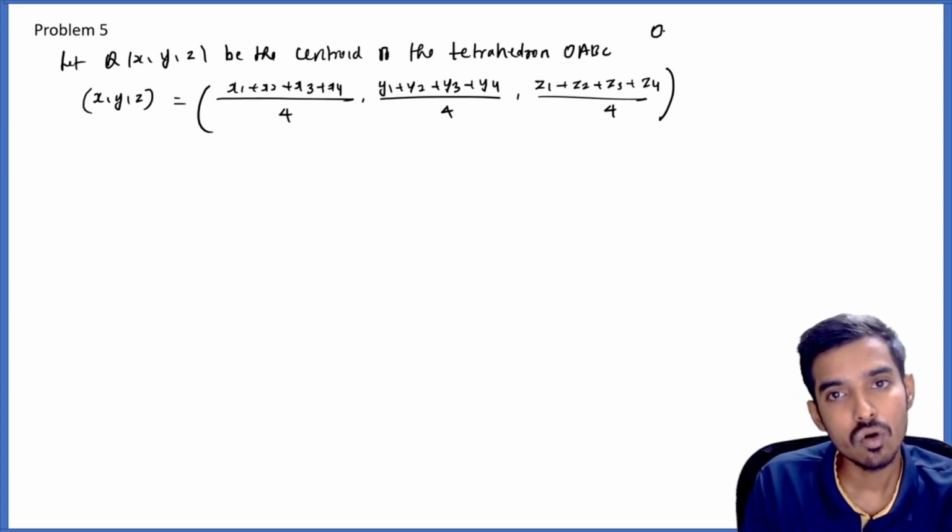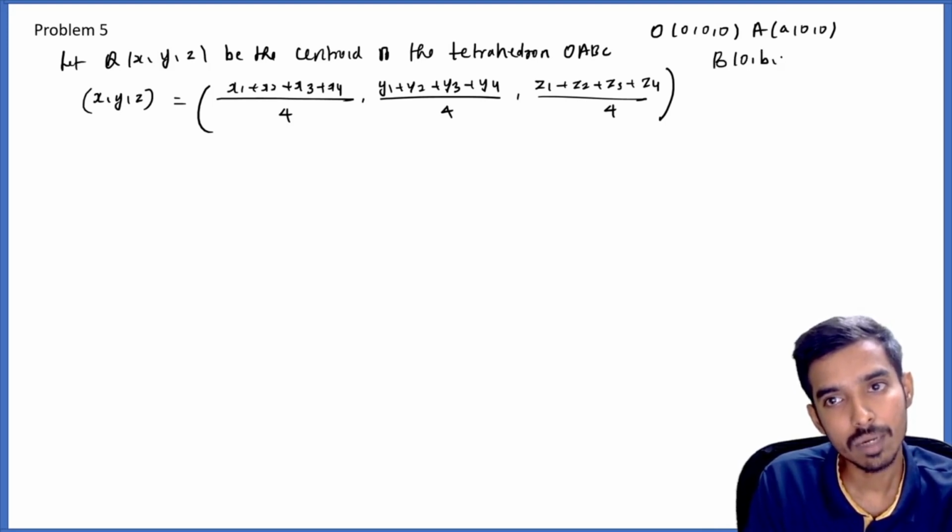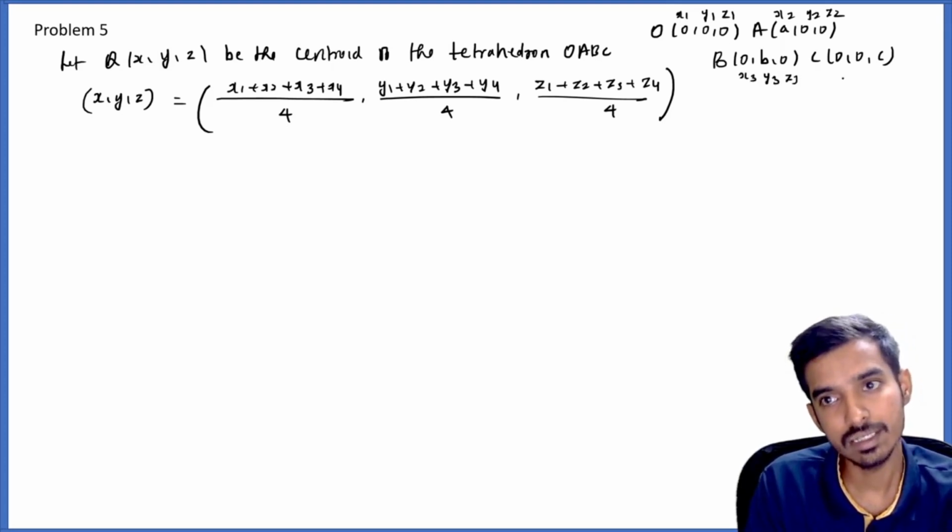So here O, A, B, C, right? O is 0, 0, 0. A is a, 0, 0. B is 0, b, 0. C is 0, 0, c. So this is our x1, y1, z1, x2, y2, z2. And this is x3, y3, z3, x4, y4, z4.